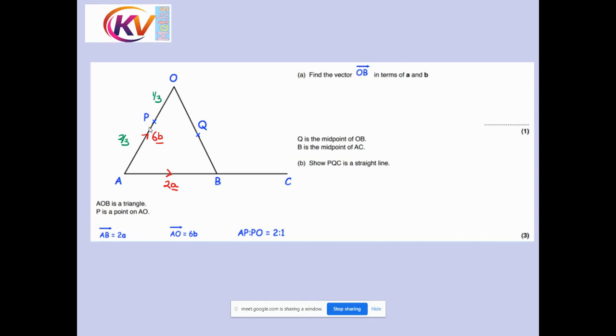Okay, so O to B, I'm going to go from O to A and then A to B. My O to A, I'm going the wrong way down this one, so negative 6b plus 2a. Some of you have written it the other way around, so 2a minus 6b, and we're done. So we've got hopefully an easy mark on that one.